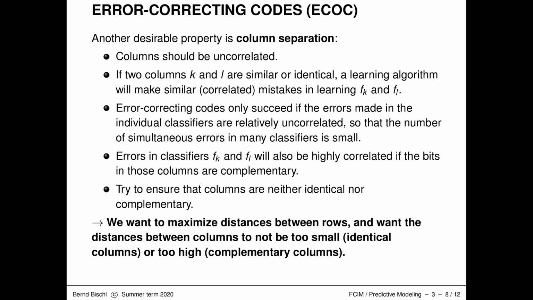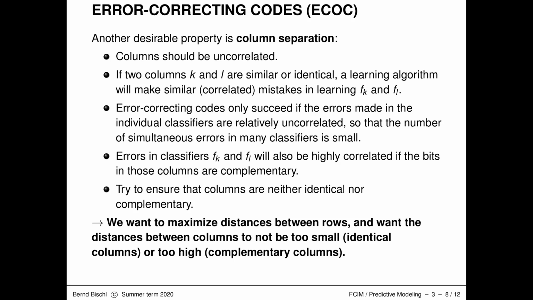So I would like to ensure that there's quite a high distance between all of my columns, but also the distance should in this case not be too large, because on the other hand, if columns are completely complementary to each other, they will still be very highly correlated.